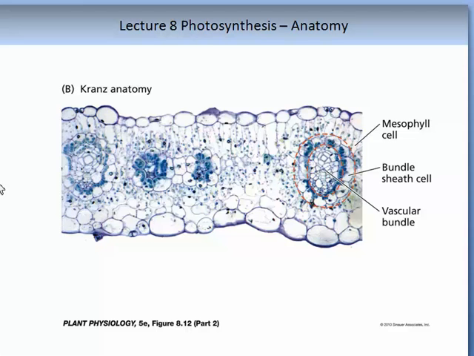Here we have a C4 anatomy. This was first described by the scientist Haberlandt, who called it Kranz anatomy. You will note from the mouse the area of the bundle sheath cells. This is around the vascular tissues, and an outer layer that is in close contact with the epidermis.